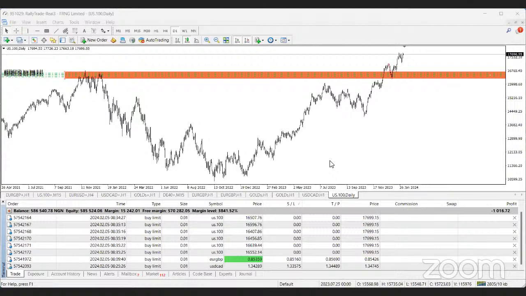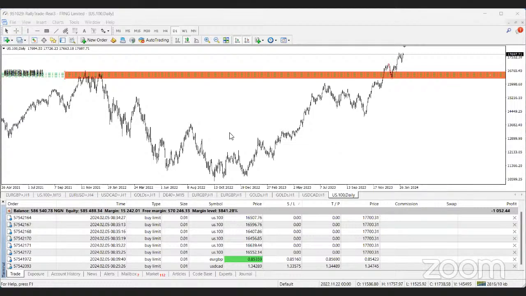So this analysis on US 100 we apply to all other indices like US 2000, DAX 40, US 30, everything. All right. Moses David, thank you very much for even posting.